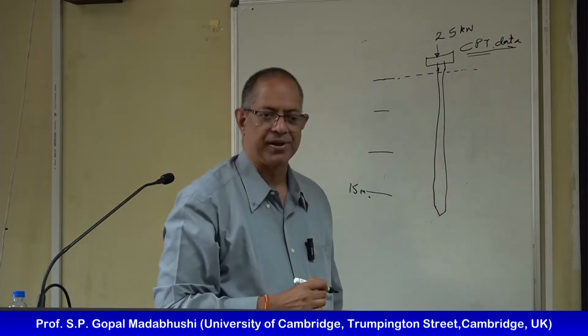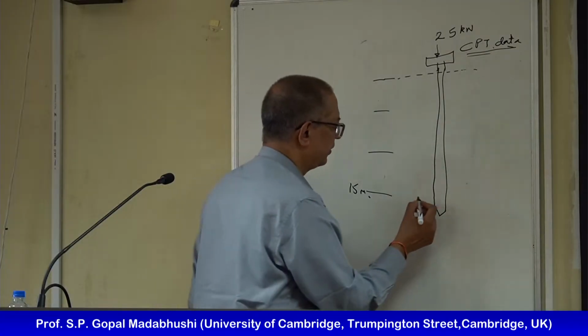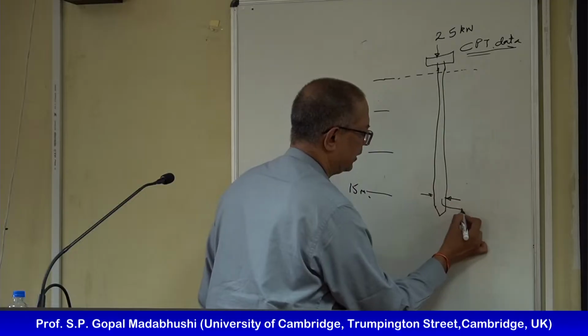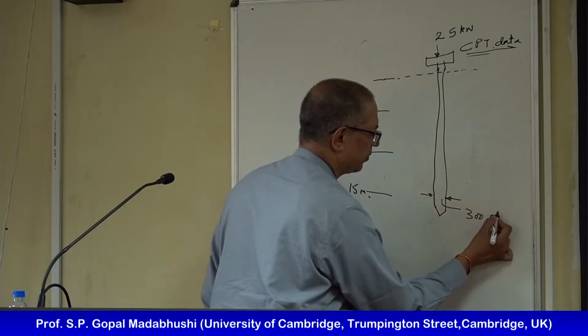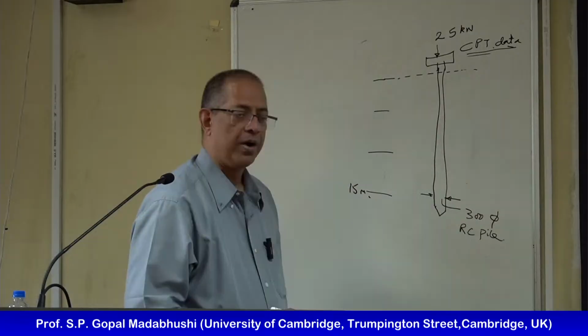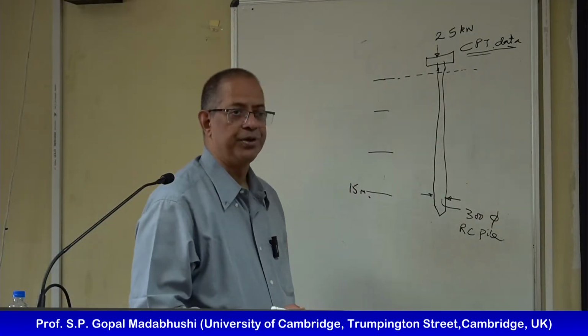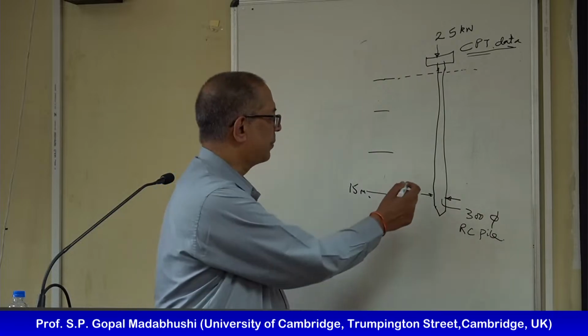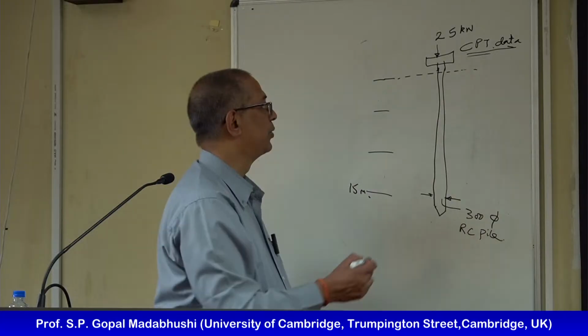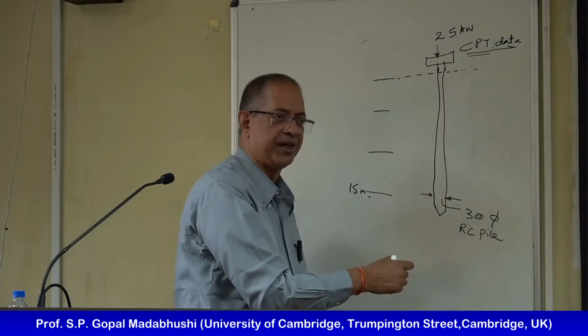That's like 2.5 tons on a pile diameter of 300. So what we want to know is what's the pile capacity? Using the CPT data, how do you estimate it?